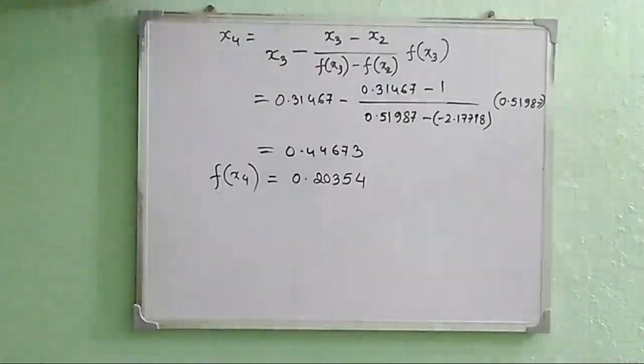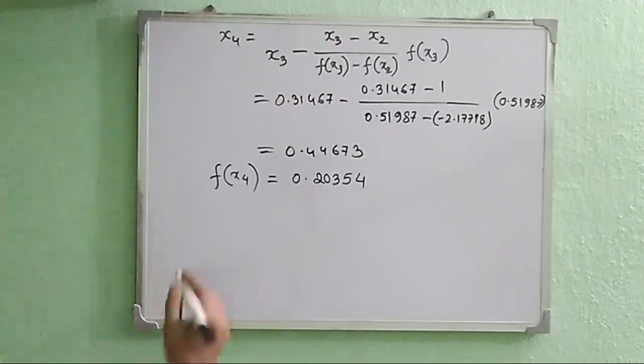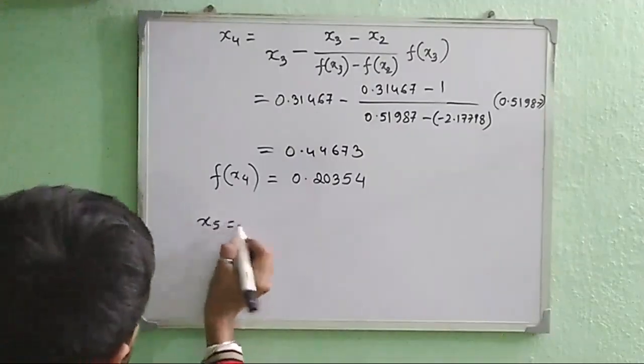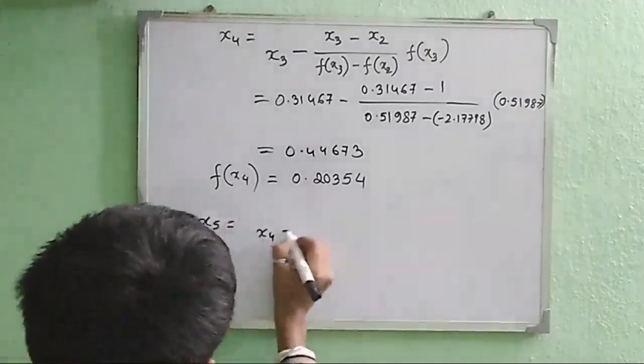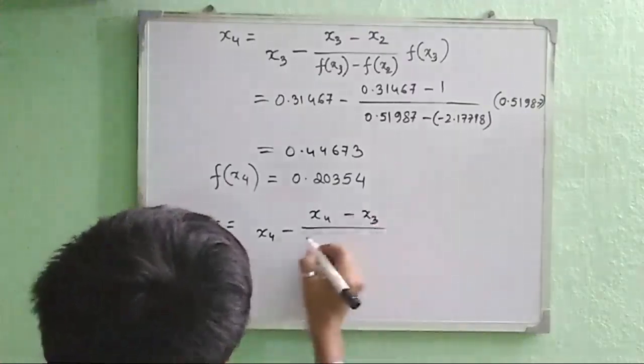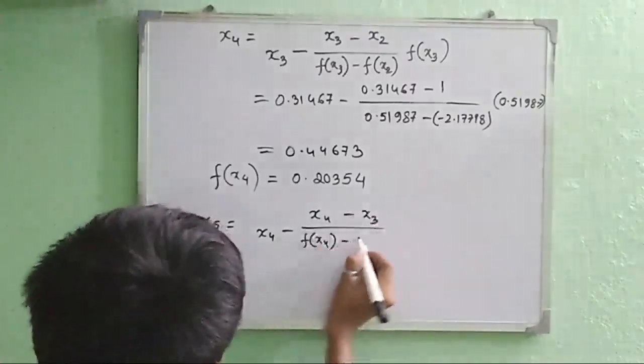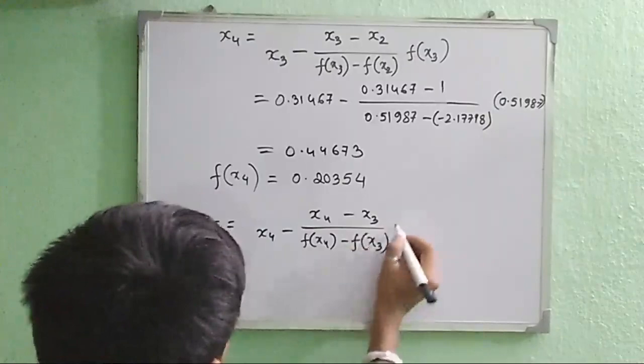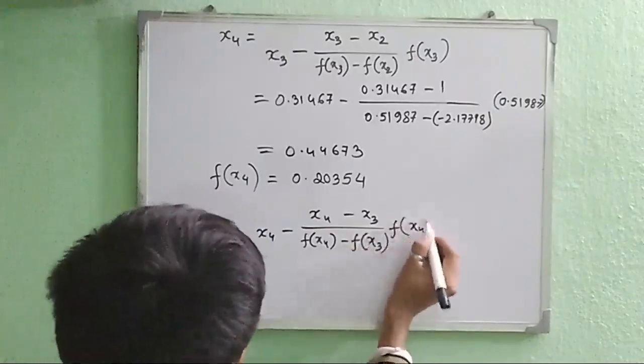Now we will calculate the value of x5. So x5 will be equal to x4 minus (x4 minus x3) divided by (f of x4 minus f of x3), into f of x4.